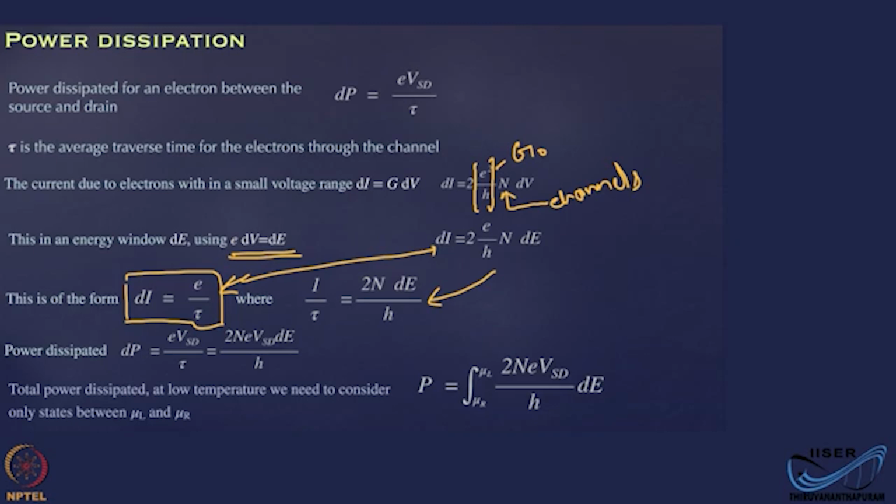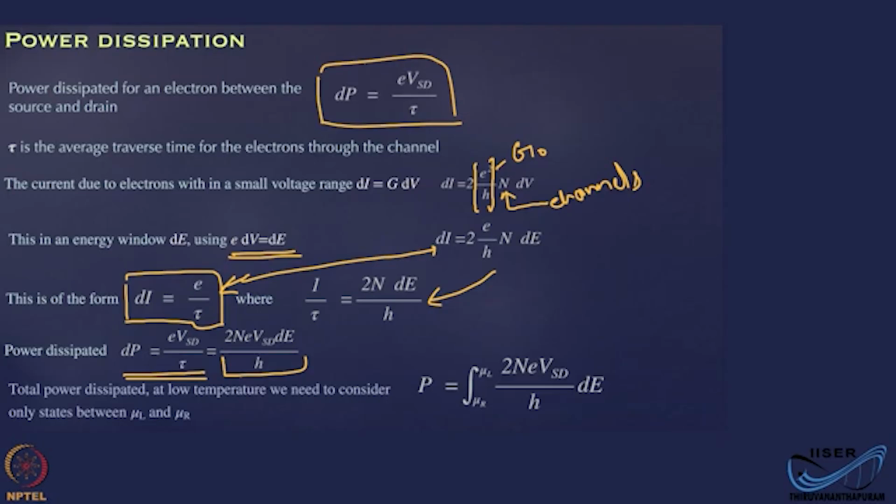So the power dissipated from this expression is eVSD divided by tau, but 1 by tau is 2N dE by h. So what you are getting is that the power dissipated is of the form 2N eVSD dE by h. That is for one electron, or that is for the state which is between mu R and mu L.